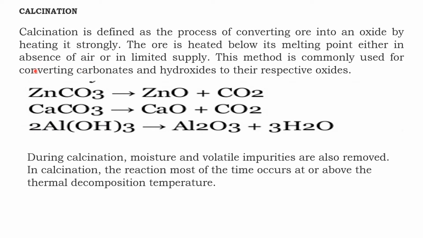In calcination, usually it is carried out without the presence of air or with a limited supply of air. So what happens? When heated at high temperature, the carbonates decompose to give you oxides and carbon dioxide.